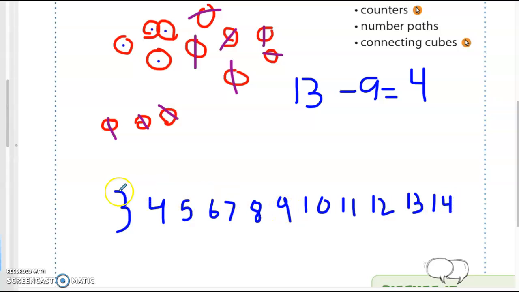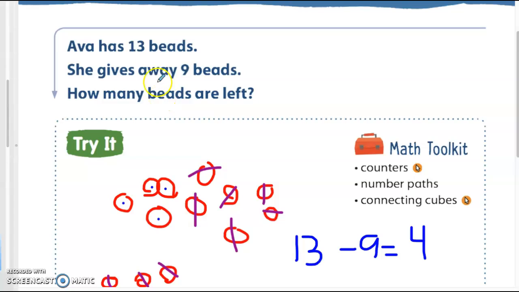We've done number lines before in class, right? You can add and subtract from a number line. So if we have 13, right? Up here it says 13 beads. How many does she give away? She gives away 9 beads.